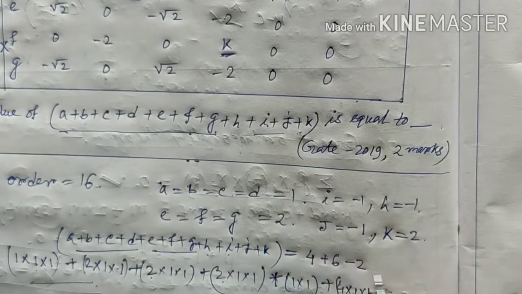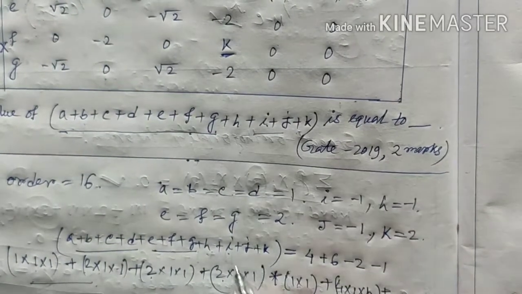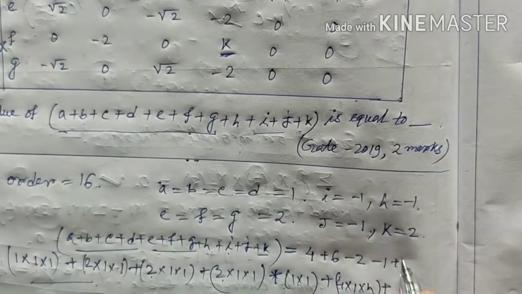The value of j is equal to -1 and k is equal to +2.